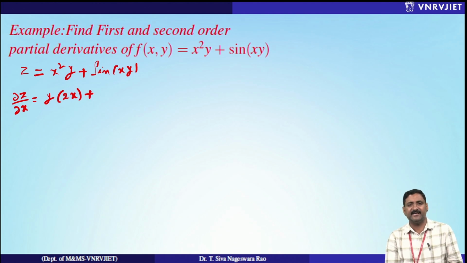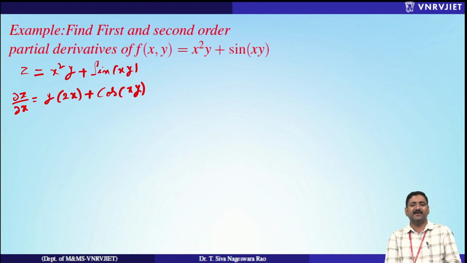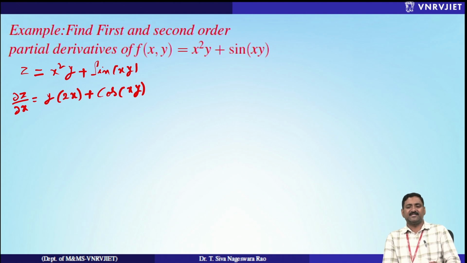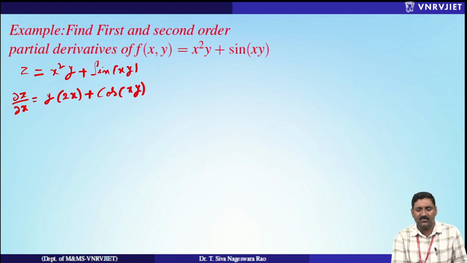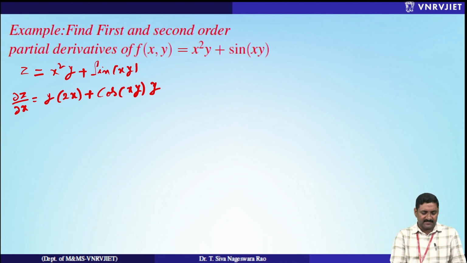assume sine x. What is the derivative of sine x? Cos x. So cos of xy. Again I apply the derivative to the expression inside the trigonometric function sine. So the partial derivative of xy with respect to x becomes y. This is the value of del z by del x.